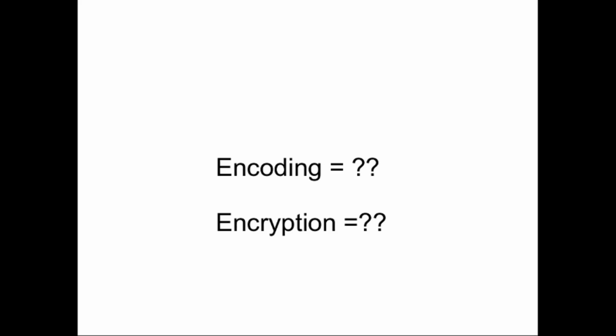But encryption is done with a key which is not known to anybody, and you cannot decrypt any message encrypted without the key. So you need a key to make sense of an encrypted message. So there is a difference between encoding and encryption. Okay, thank you. See you in the next video.